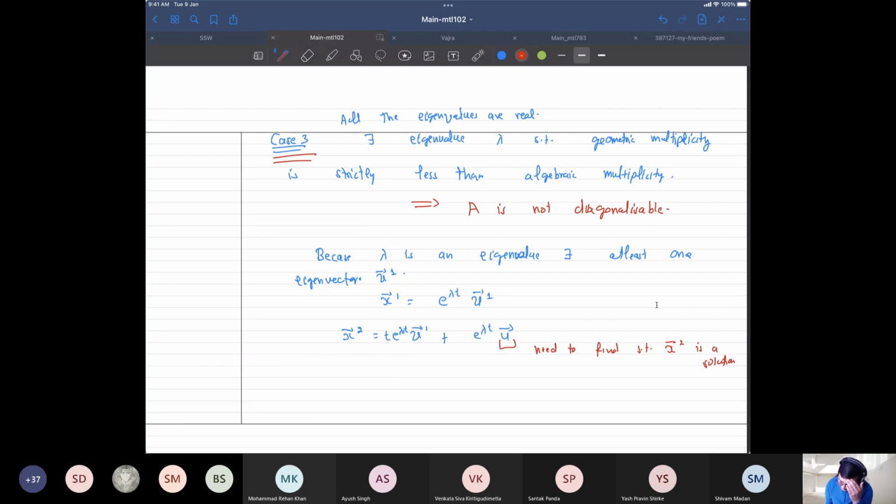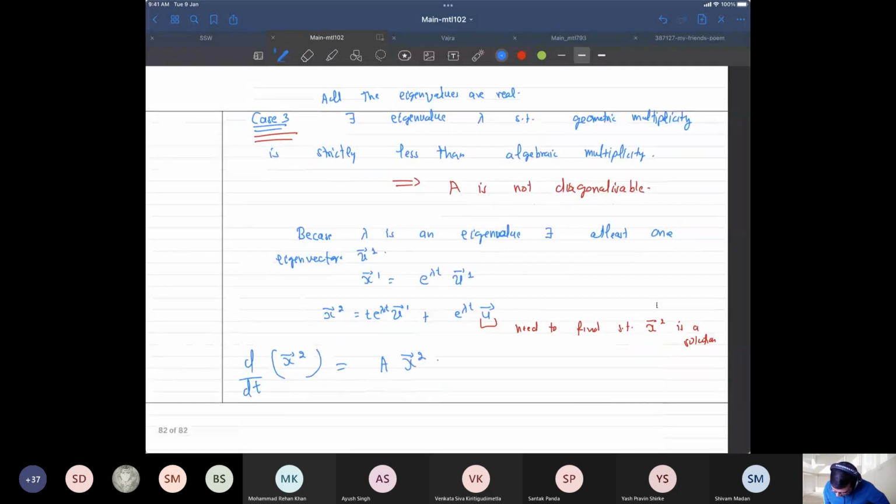Now we go ahead and plug this into our equation. I want x2 prime to be equal to A x2. This is my requirement. Now what is x2 prime?